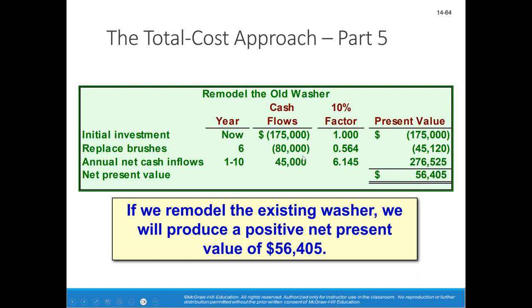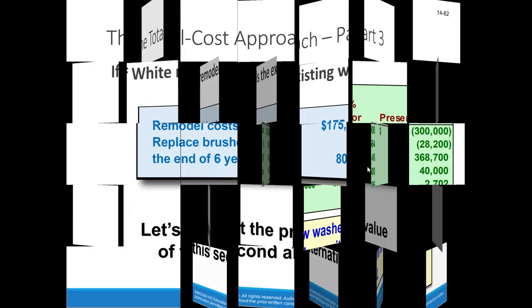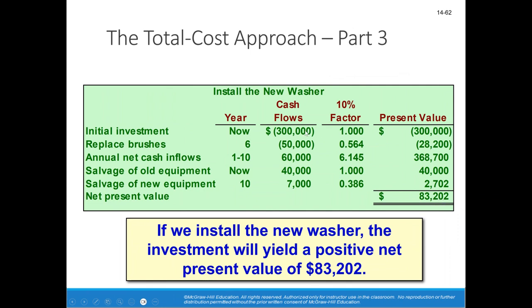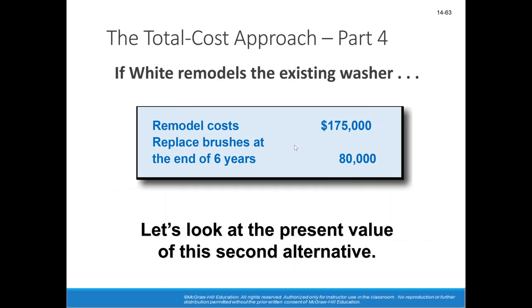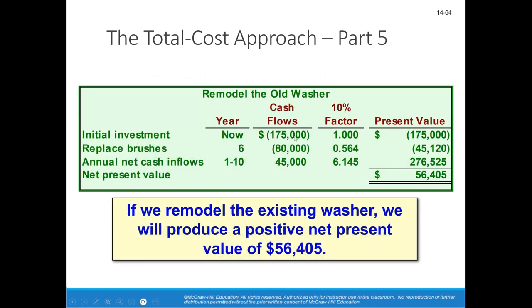Doing the same thing, looking at the cash flows, you've got to remodel versus redo. And so the other one, you had a return of 83,202, but your outlay of cash initially was going to be 300,000, and you replaced 50,000 in brushes. Here, your remodel costs are 775,000.